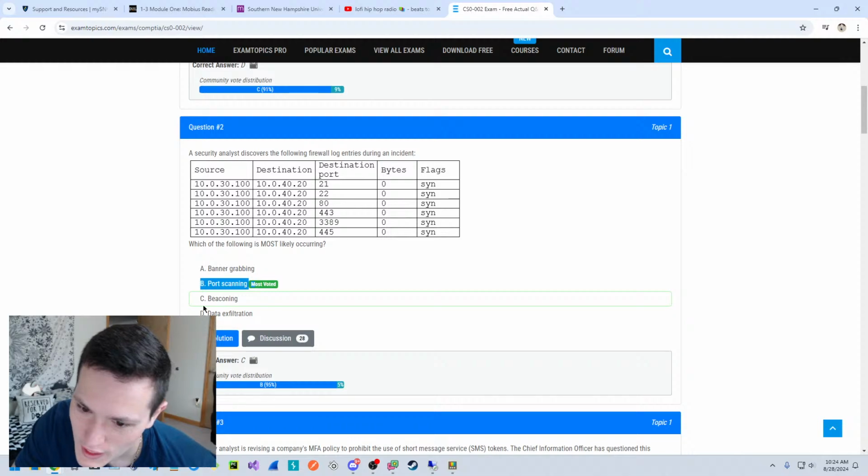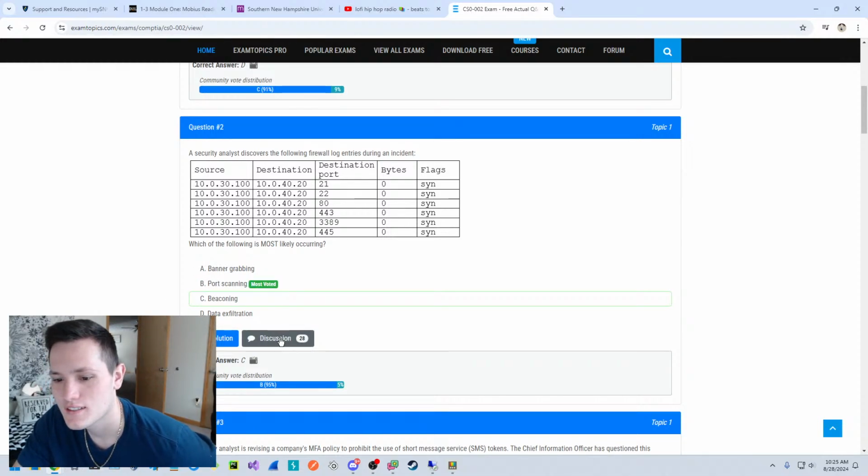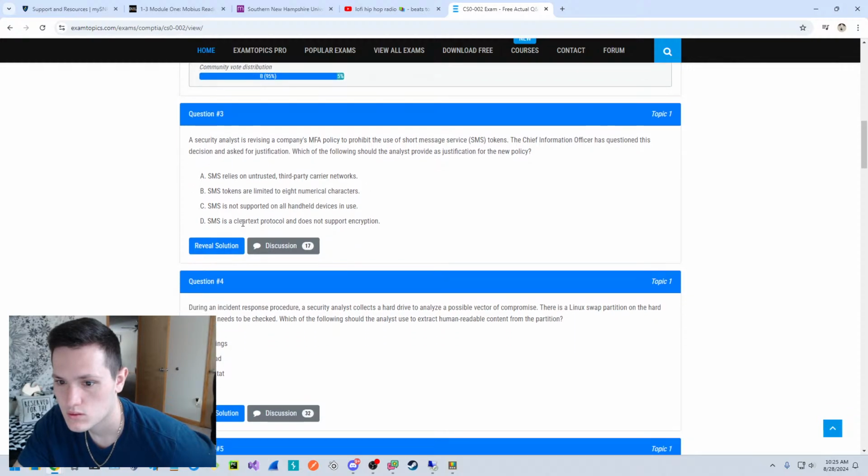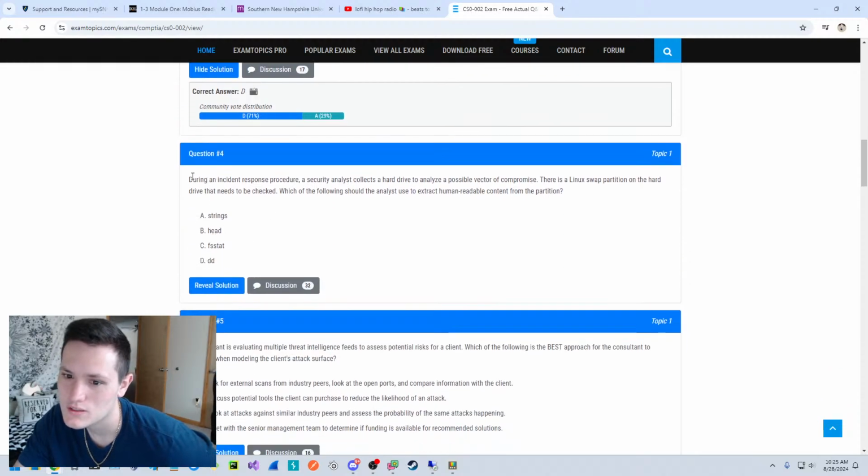That's definitely port scanning, not beaconing. It's the only thing that makes sense.